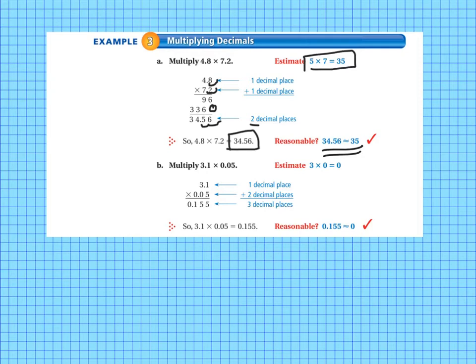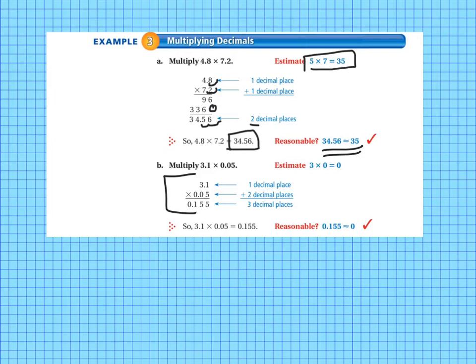And then we have 3.1 times 0.05, same operation, 5 times 1, 5 times 3, and then we can skip doing the zeros because it's just going to add a bunch of zeros that we have to add to everything, which muddies things up.